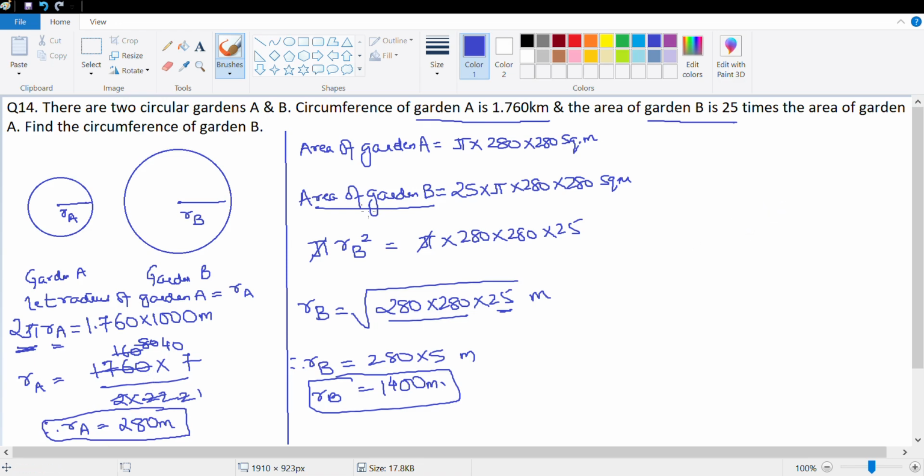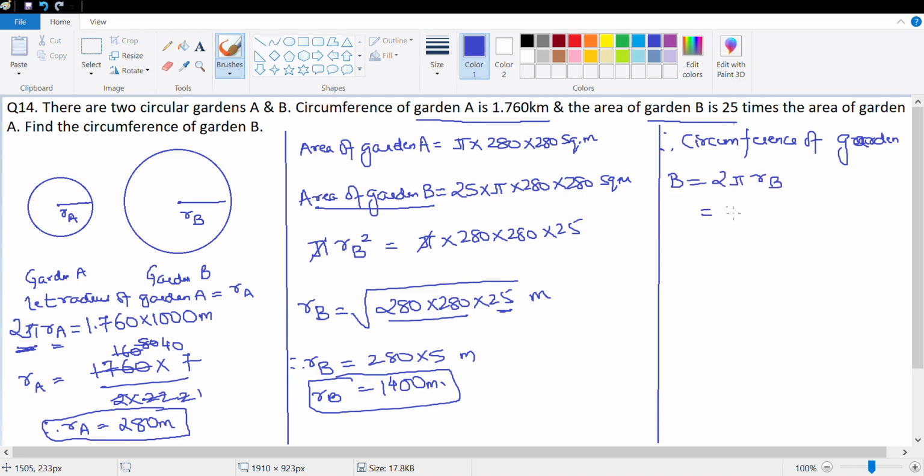It says find the circumference. So for finding circumference, I needed the radius, which I have calculated. Now therefore, circumference of garden B would be 2 pi RB, in this case 2 into 22 upon 7, and radius of garden B is 1400 meter. 7 into 200 is 1400.